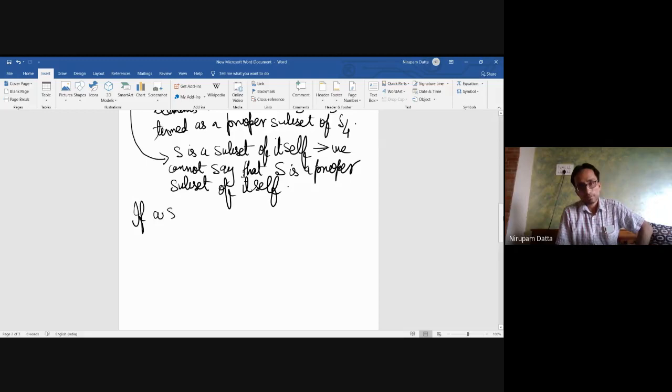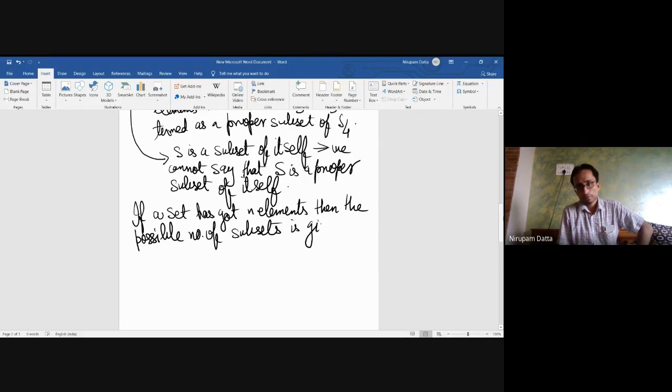Okay. Now, carrying this subset discussion further, let's say a set has n elements, contains n elements, then the possible number of subsets is given by 2 to the power n.